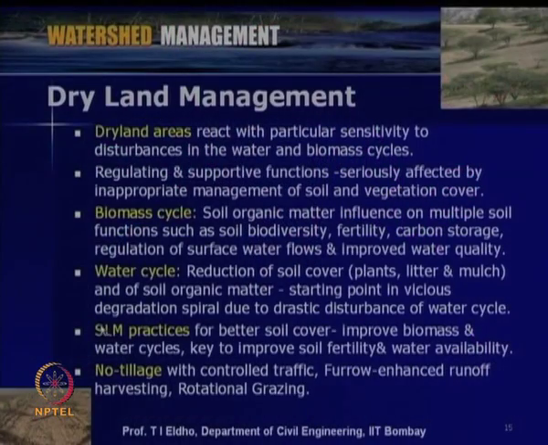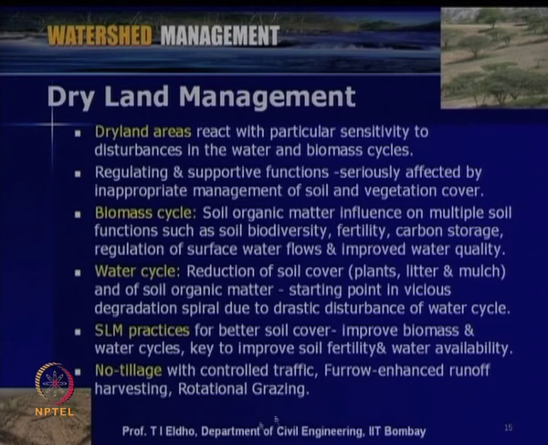And then as far as dry land management is concerned, we can utilize the sustainable land management practices which we discussed in the previous slide for better soil cover, improved biomass and water cycles. These are the key to improve soil fertility and water availability in the particular area. And then no tillage with controlled traffic, furrow enhanced runoff, runoff harvesting and rotational grazing.